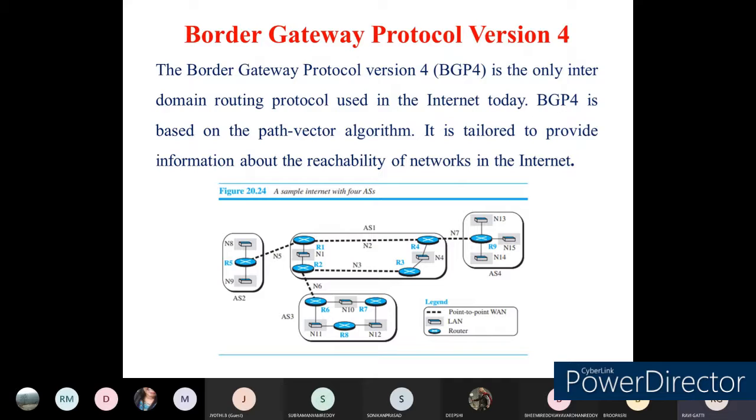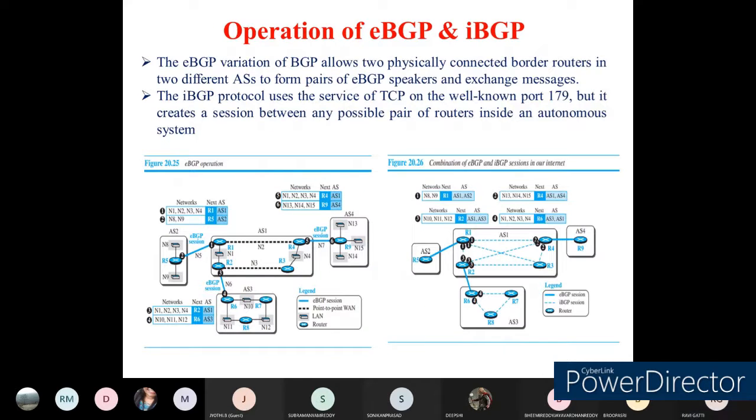How they communicate from one autonomous system to another autonomous system will be done through the use of this Border Gateway Protocol. This is the diagram we are going to use. When it comes to the operation of BGP, it works with 2 different entities, or it has 2 types of installation variations.